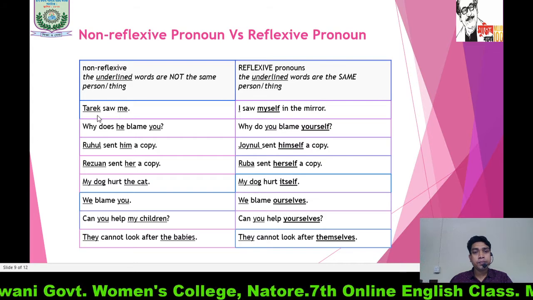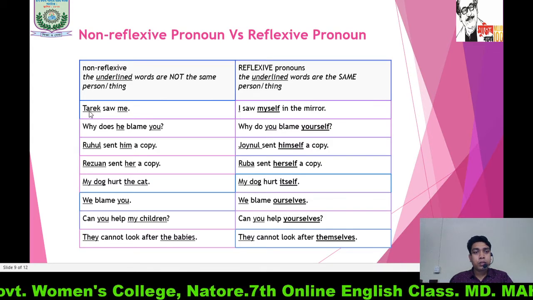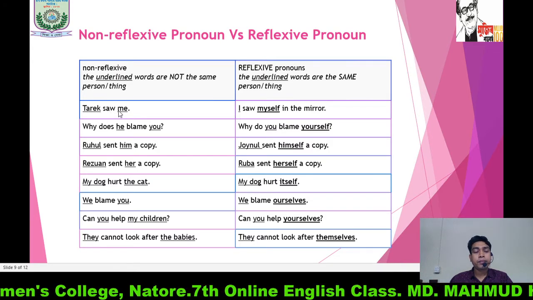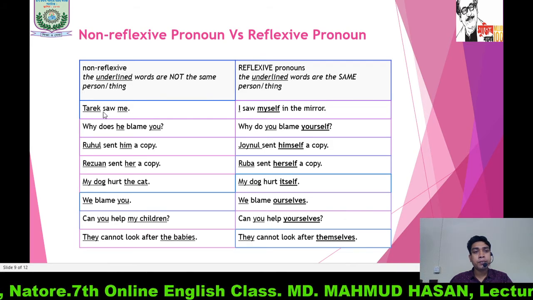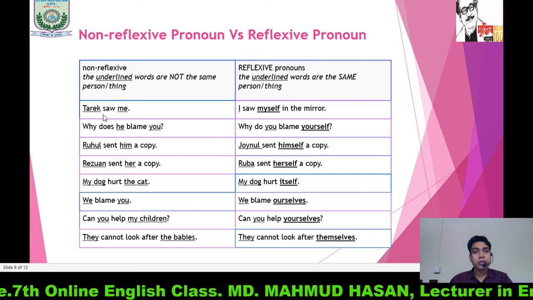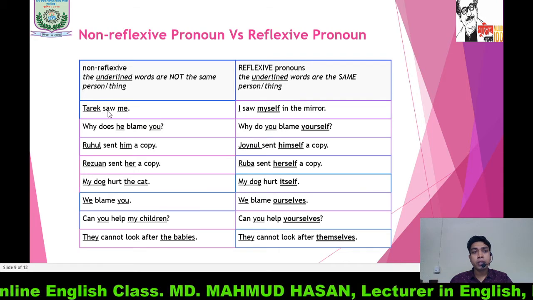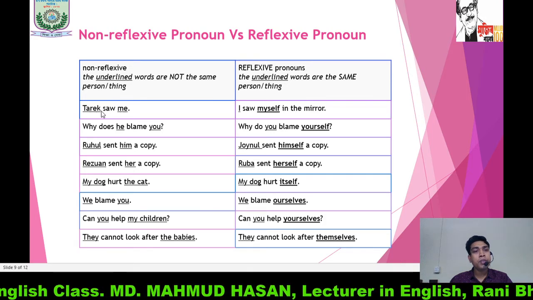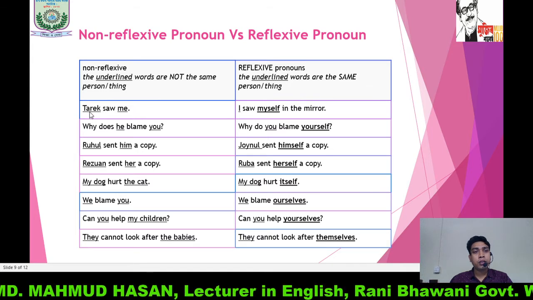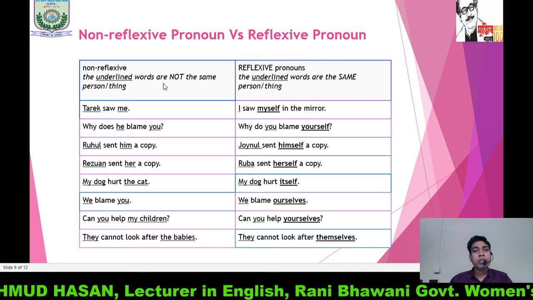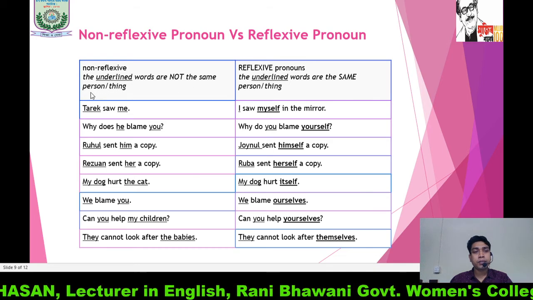Here, Tariq saw me. The underlined words Tariq and me are different. Tariq is not me. Here, 2 persons, me and Tariq. Underlined words are not the same person.